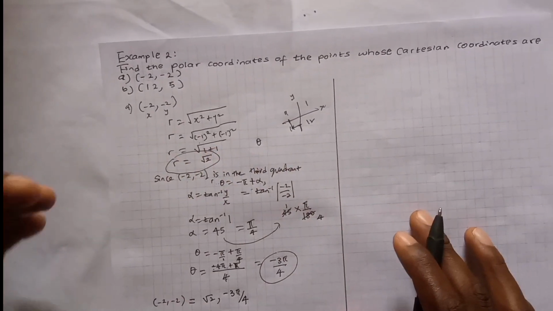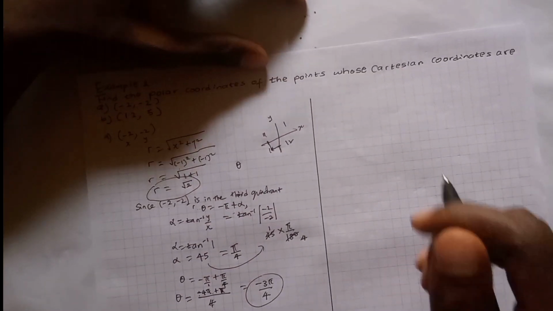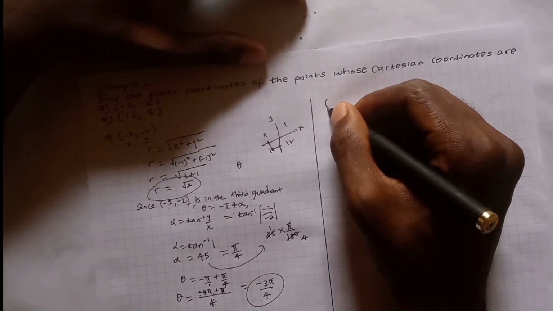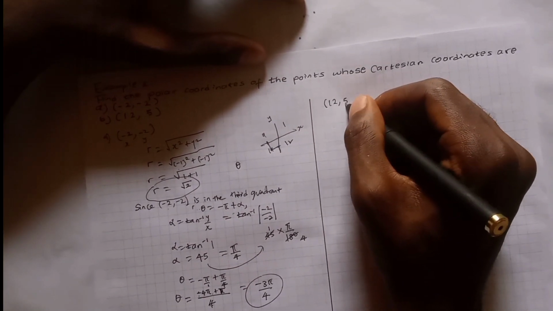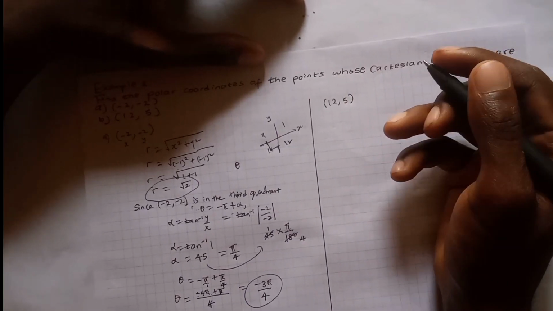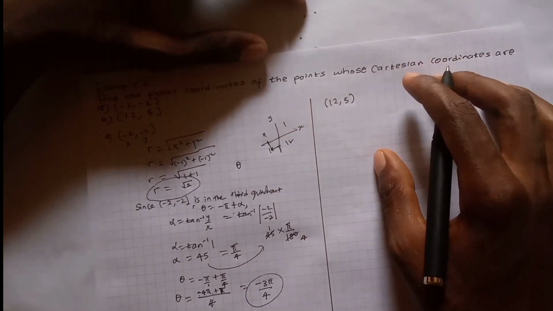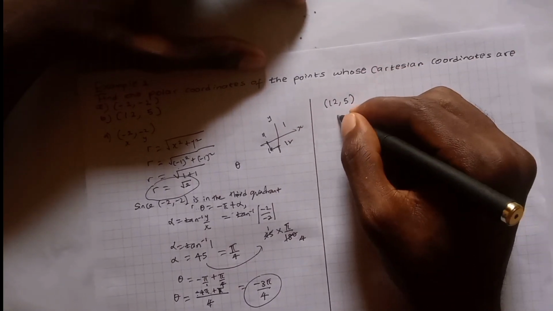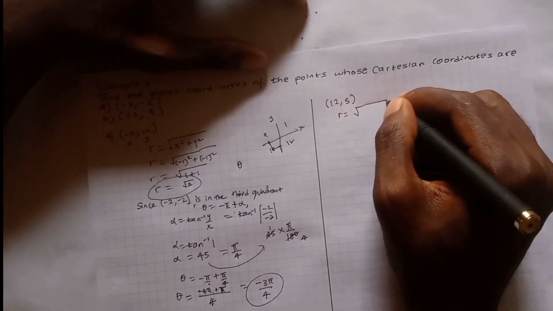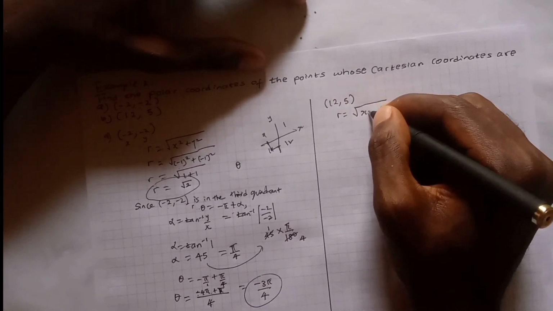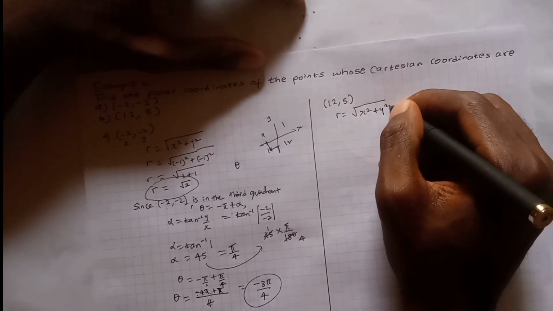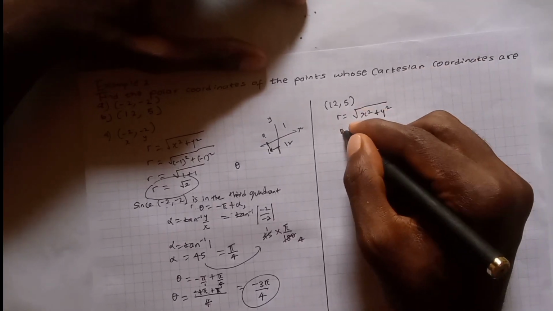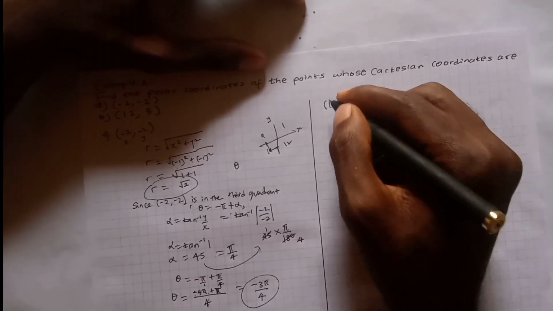Now for the second example, we are having 12 and 5, right? So this is in the first quadrant. So let's quickly find r. So r is what? Root x square plus y square, right? So r is equal to what's x?